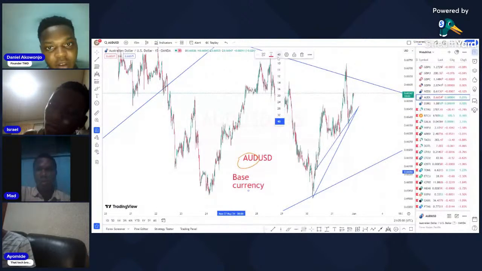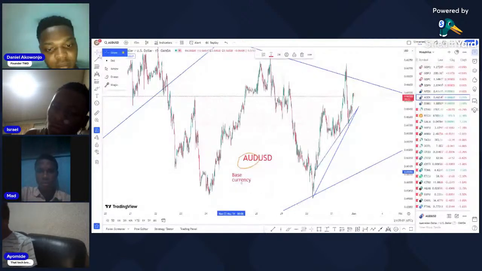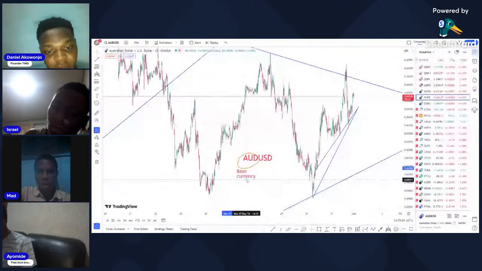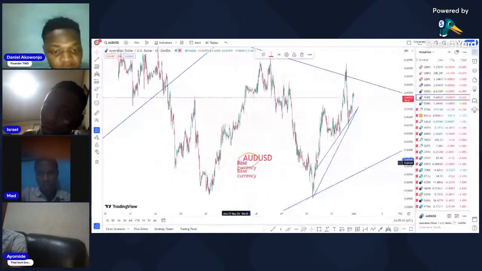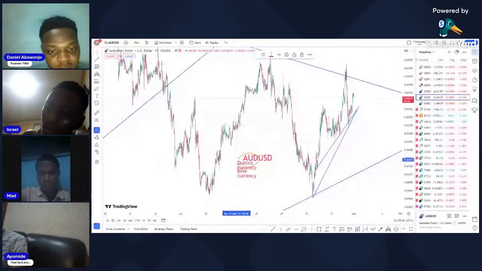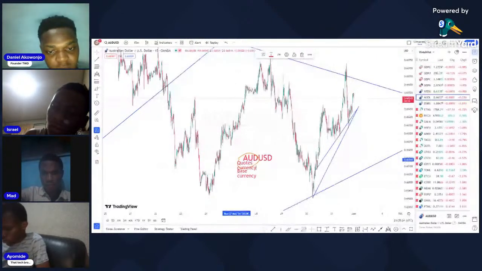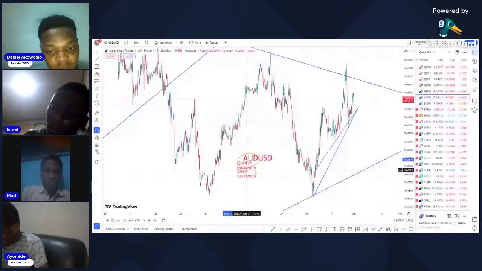So just make sure you are taking screenshots of this. The USD is known as the quote currency. It is important that you pay attention to these things.